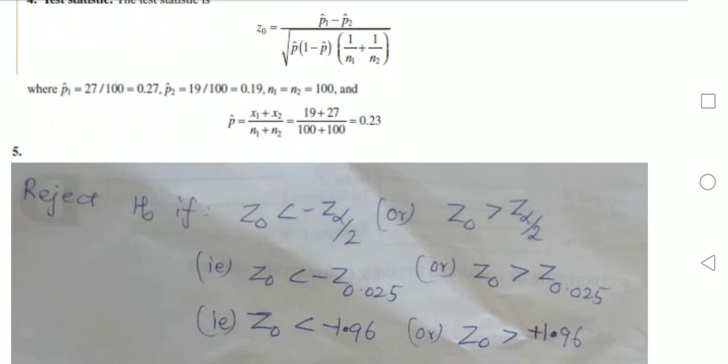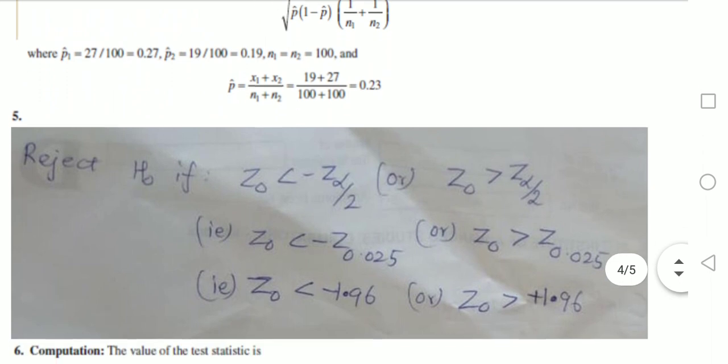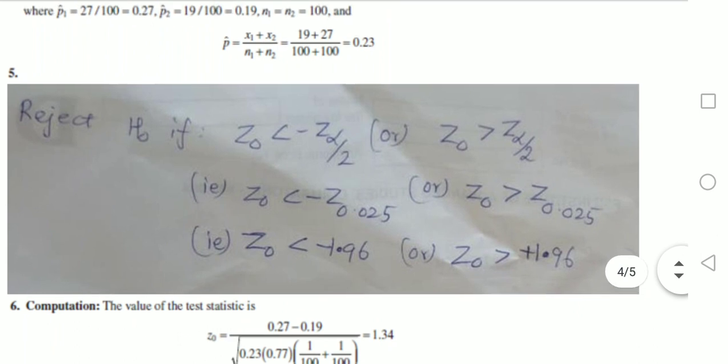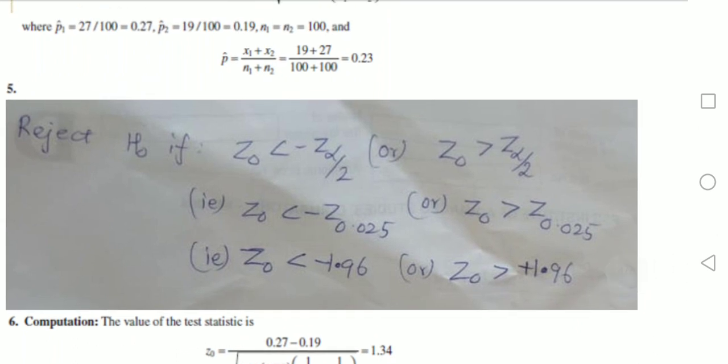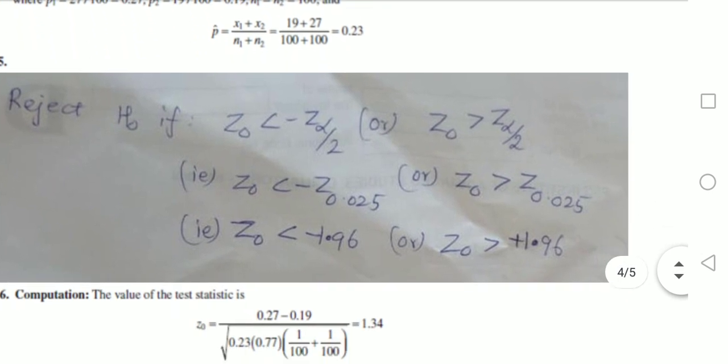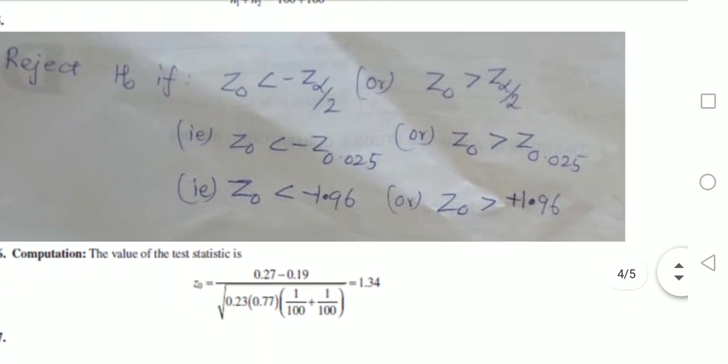That is, z naught less than minus 1.96 or z naught greater than 1.96. The computation of the test statistic value: if we substitute all the P cap values and n1, n2 values, we get z naught as 1.34.